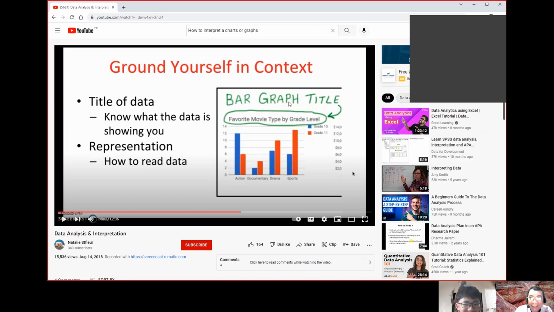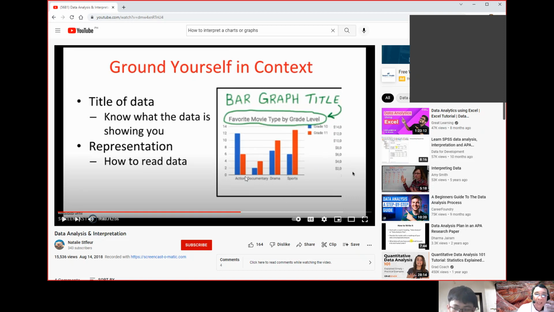So what's the title of this bar graph? Yes, the favorite movie type by grade level. Just as I told you, the first thing you need to do is look at the title. That's why the arrow here shows that it is a bar graph. If you are going to interpret already, you can say the bar graph represents favorite movie type by grade level.